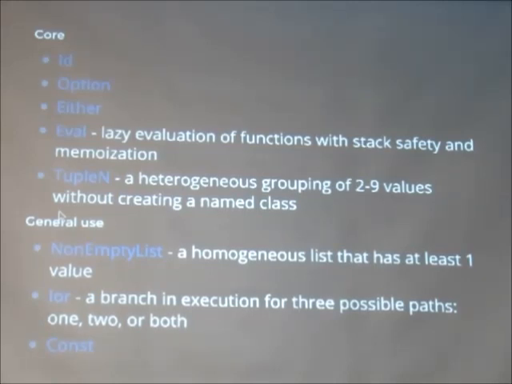So just like either branches your code in 2 ways, this branches your code in 3 directions. One of the examples on Arrow's website is if you want to represent logging, you can have a value or an error, but you can also have a value and a warn. So stuff like that comes in handy.